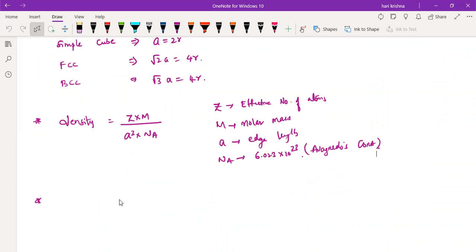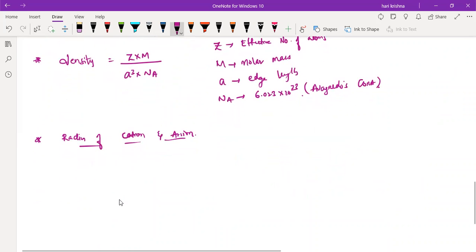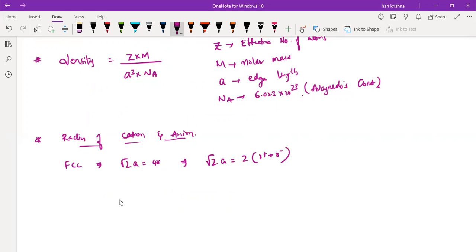Next, whenever the radius of cation and radius of anion are given, they will give the radius of cation and radius of anion along with the edge length. How will you find that? In the case of FCC, what is the condition? Root 2 A equal to 4R, right? That means root 2 A equal to 2 times (R plus plus R minus).